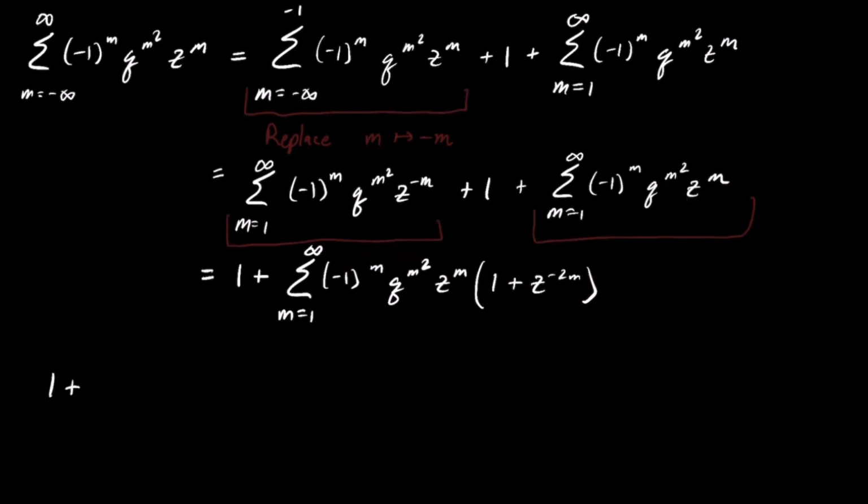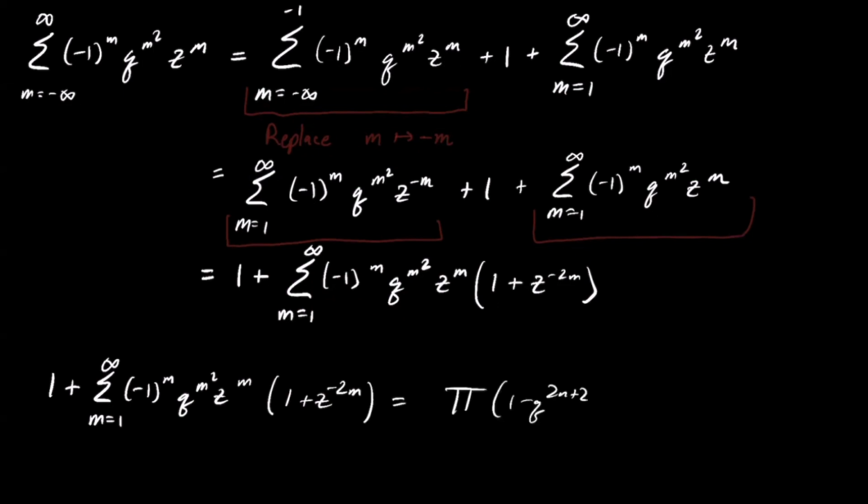So I've written this equation as 1 plus the sum, m goes from 1 to infinity, of -1 to the m, q to the m squared, z to the m, times 1 plus z to the minus 2m, and this product side is going to be the product of 1 minus q to the 2n plus 2, 1 minus z q to the 2n plus 1, 1 minus z inverse q to the 2n plus 1, as n goes from 0 to infinity.